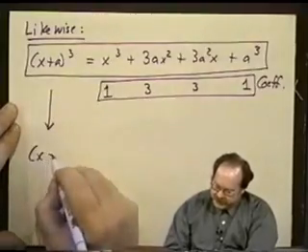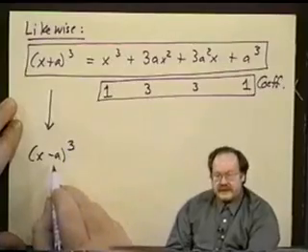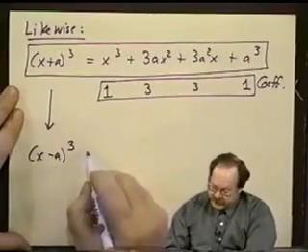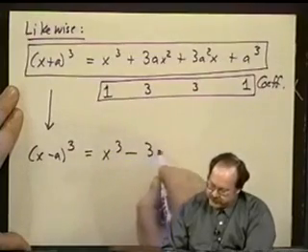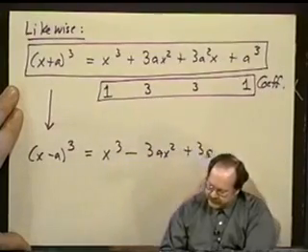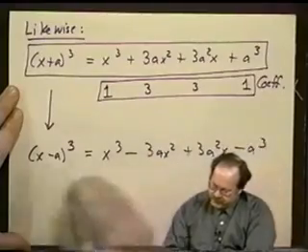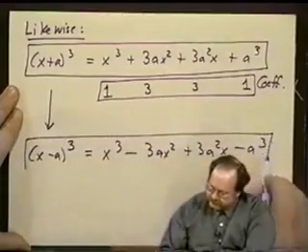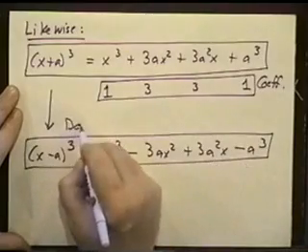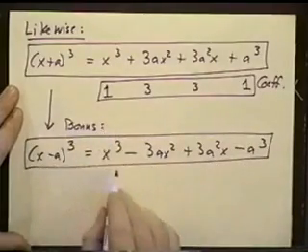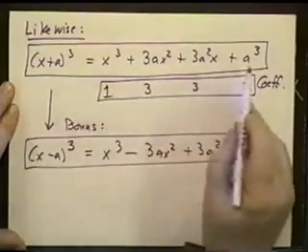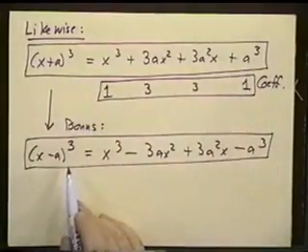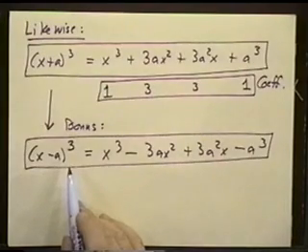Now, if you do the same thing as before, and you replace the a by minus a, I won't go through the details this time, you get x minus a cubed is equal to x cubed minus 3ax squared plus 3a squared x minus a cubed, and you get a bonus again, this new identity. So if you can take x plus a cubed and you know that particular form, you automatically know the next form. So this should make it a little more efficient for you to remember things.